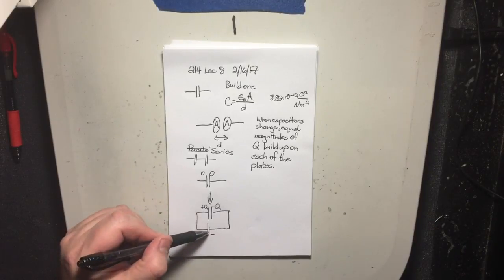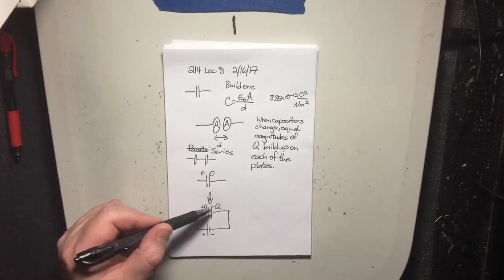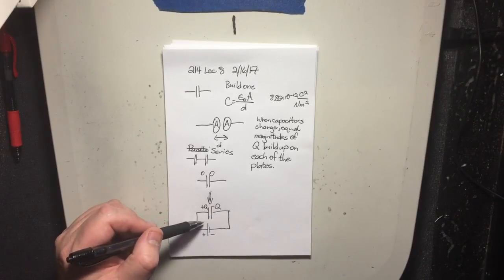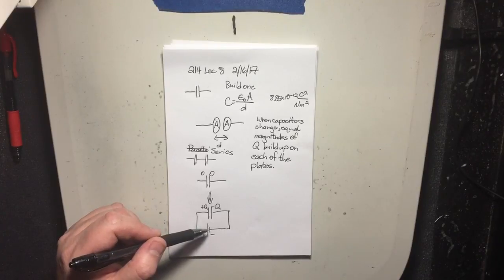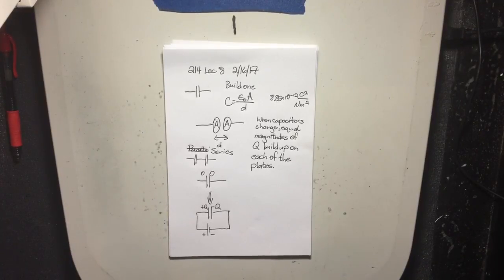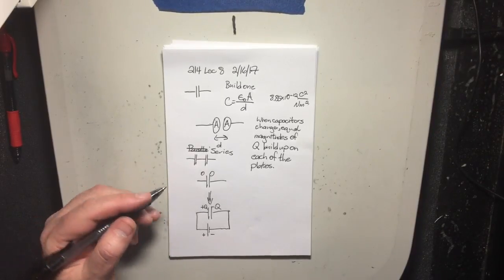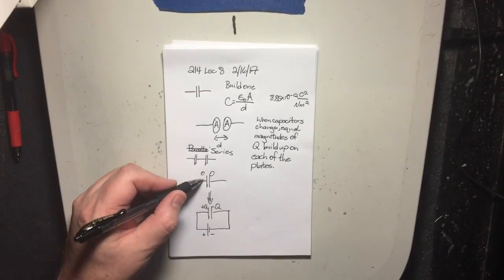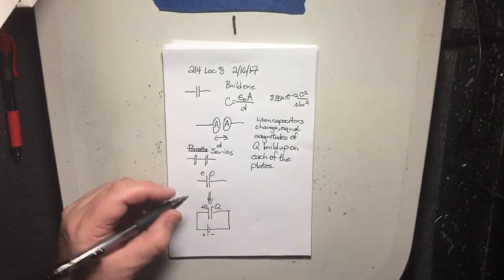So when this battery has fully charged the capacitor, there are equal amounts of charge on each of the plates. If there weren't, the battery has not effectively charged the circuit, so it would continue to build up charge until it reached an equilibrium. So for capacitor plates that are charged, they have to reach positive Q and negative Q.